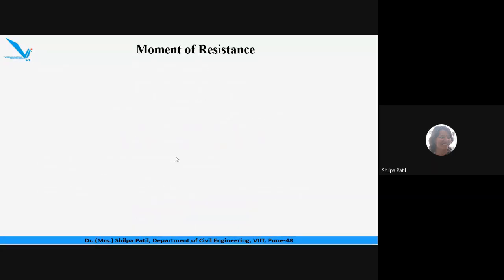Let us move to the next slide. Now let us find out how to calculate the moment of resistance. Now to find out the ultimate moment of resistance, which is given as Mur, which is the summation of Mu1 plus Mu2. Mu1 is the moment of resistance given by section 1. Mu2 is the moment of resistance given by section 2.